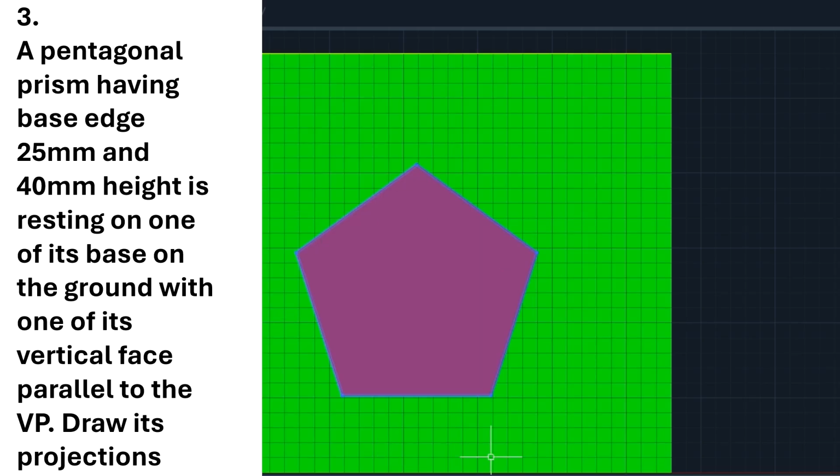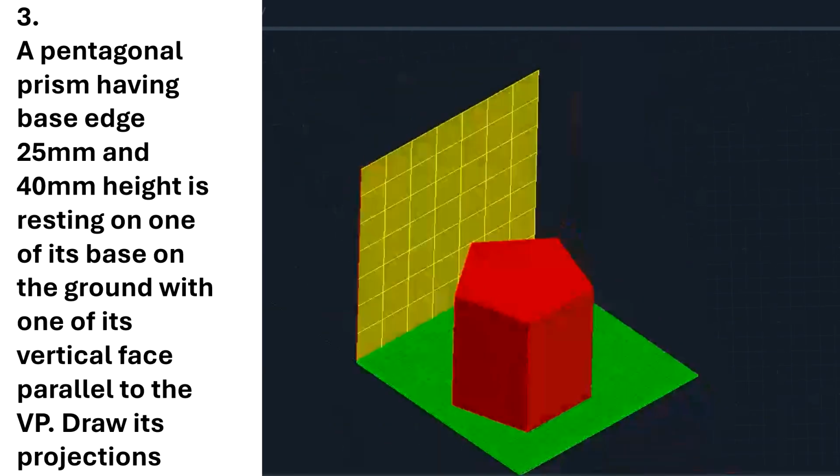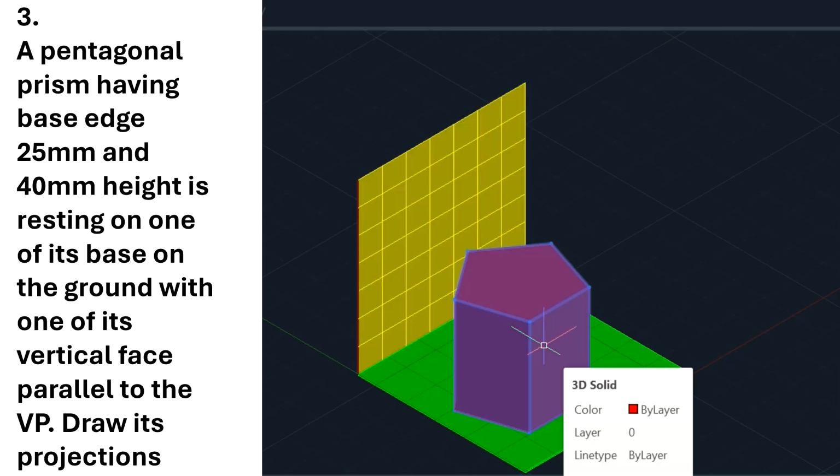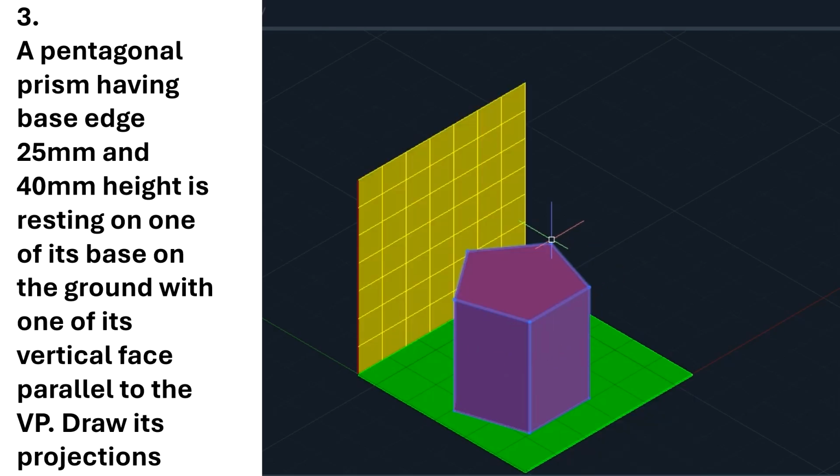So now this is the top view, and to get the front view, again we will draw projections from each and every point to the front view, and then we can draw the front view also. If you go to the isometric view, then this is the isometric view, and in the front view we can see this rectangular face, this face and this face, and the other two faces will not be visible.